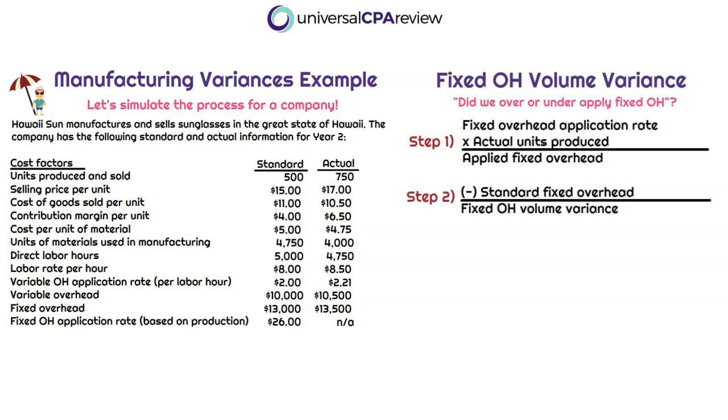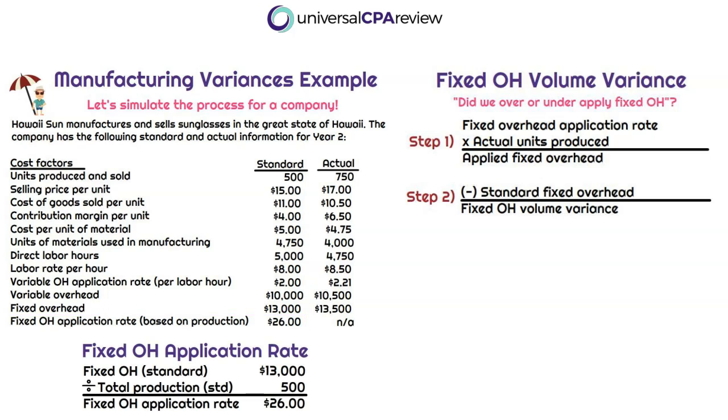So that one's fairly straightforward. So the fixed overhead volume variance, well, this is based more on the actual production. And what we're looking at here is to compare what the actual applied fixed overhead would have been based on actual units produced based on our standard application rate. Now they give us it's $26, but how else could we get that? Well, they gave us fixed overhead from the standard perspective, which was 13,000, and that was based on 500 units being produced.